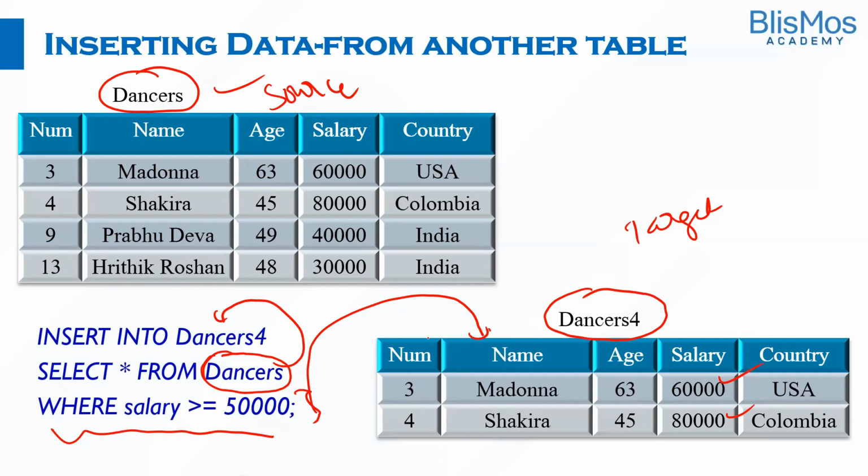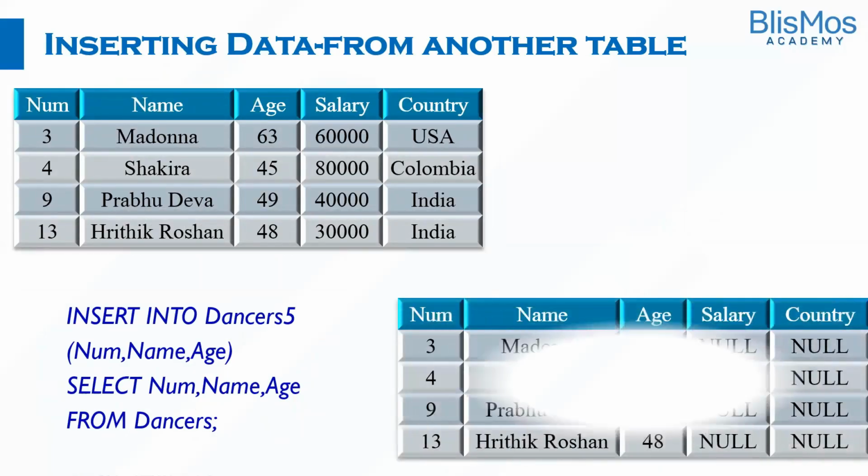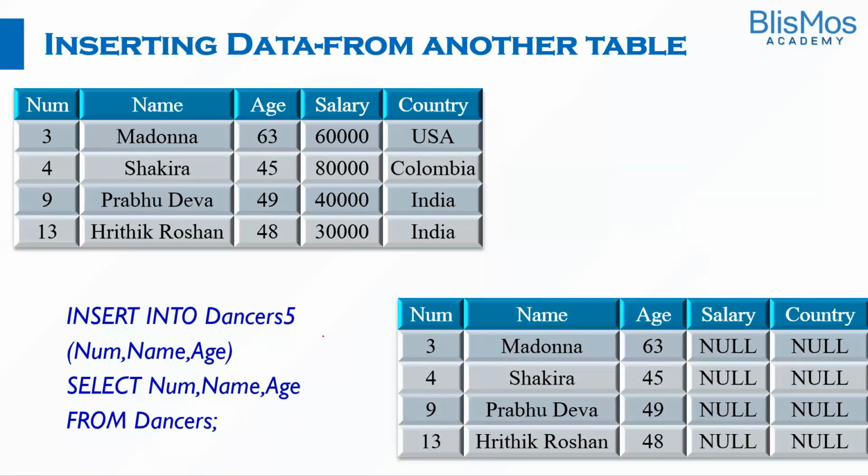Here we have loaded all the columns. One more use case is that we don't want to load all the columns. We just want to load only a few columns. In that case, what we can do is we'll say INSERT INTO dancers5. We are saying only load num, name, age from dancers.